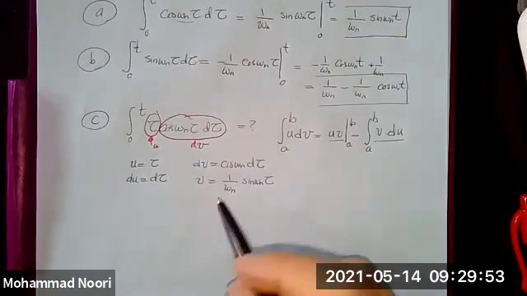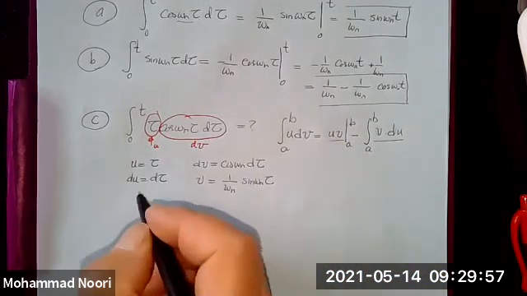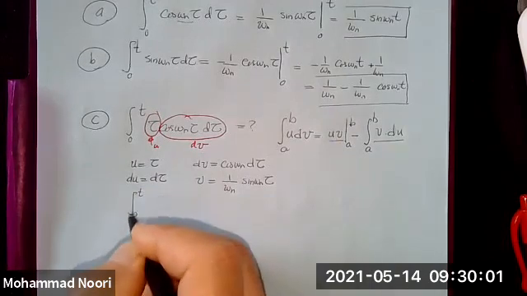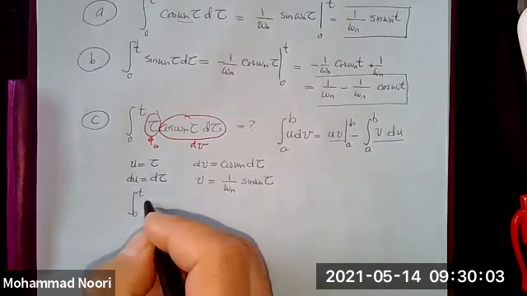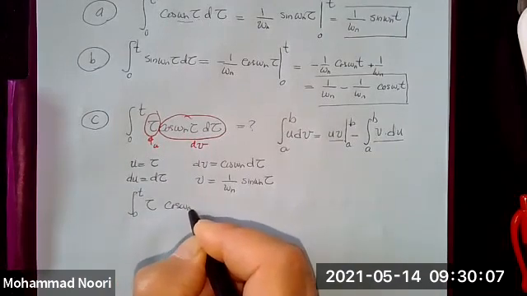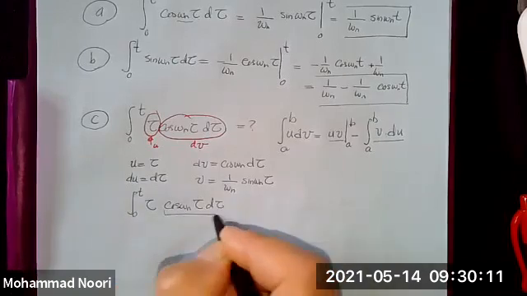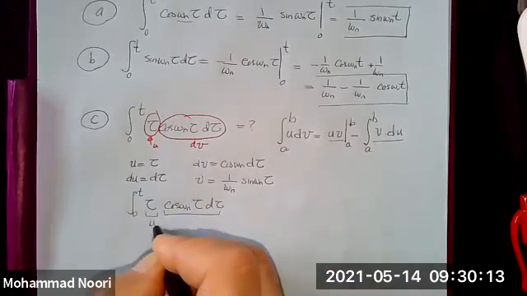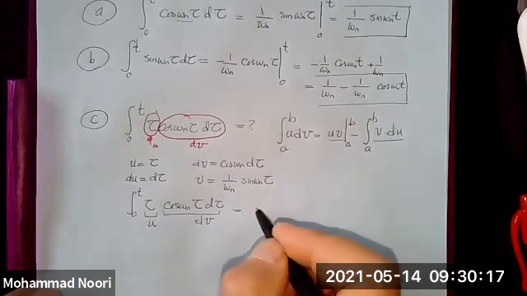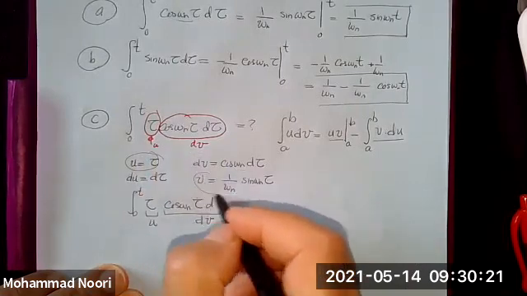Substitute this in. The integral from a to b of u dv would be uv.